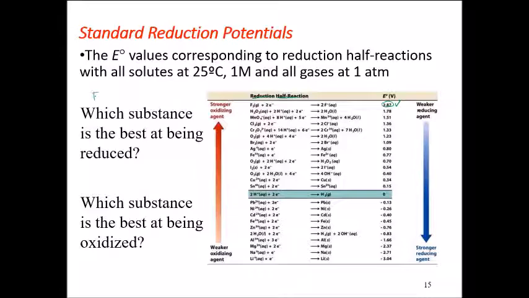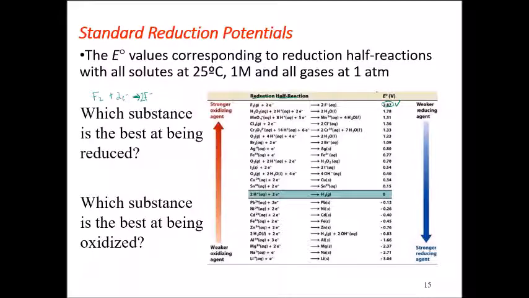So F2 plus 2 electrons, because we're reducing it, gives you 2 F minus. This is the reduction of fluorine into fluoride.